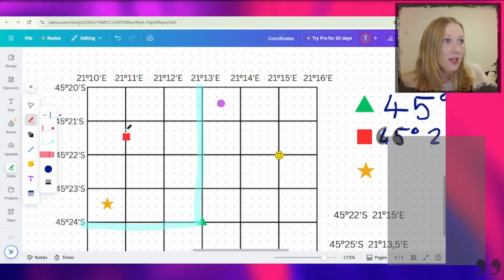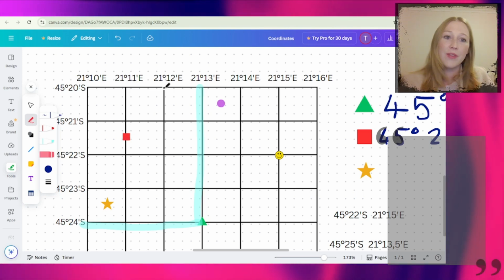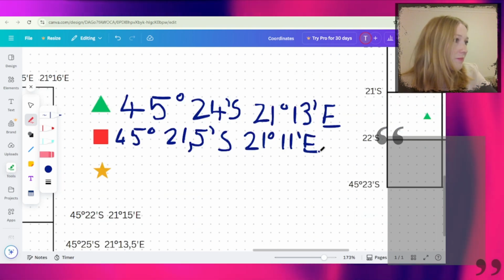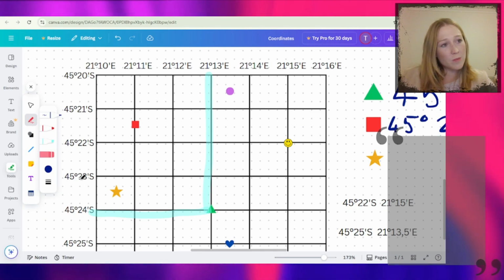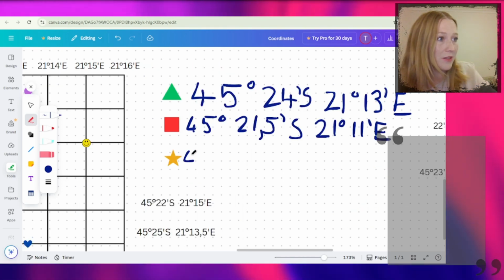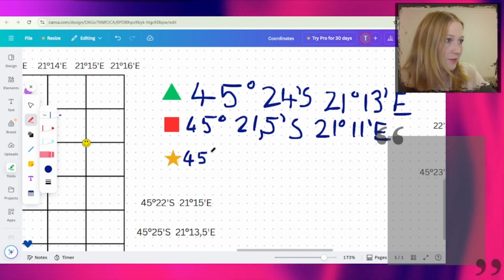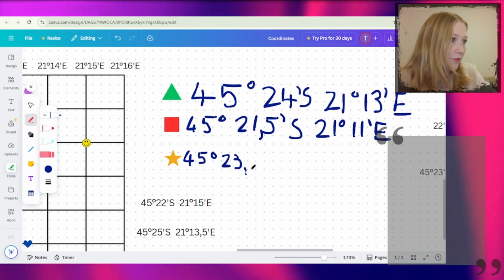Luckily, that is on the line, so we can just follow the line up. 21 degrees and 11 minutes east. There we go. Then we have the star. The star is between 23 minutes and 24 minutes, so we're going to call it 23 and a half. 45 degrees and 23 and a half minutes.